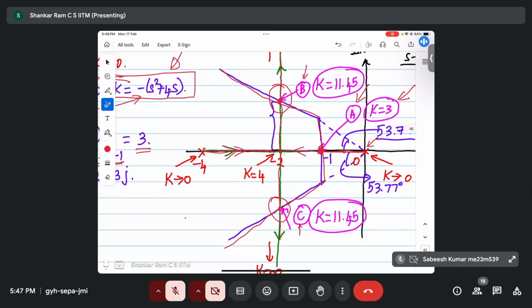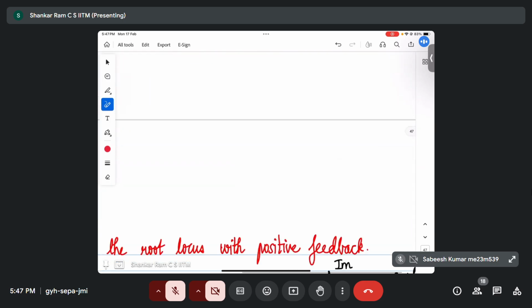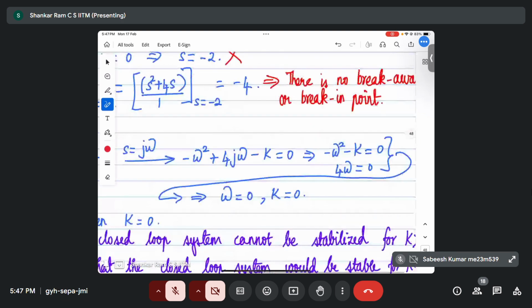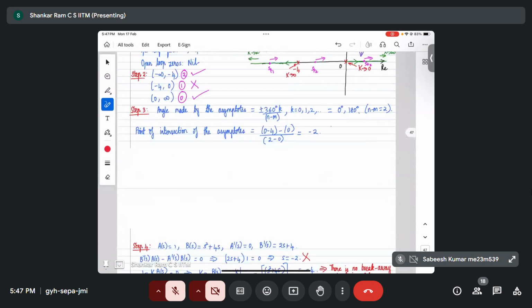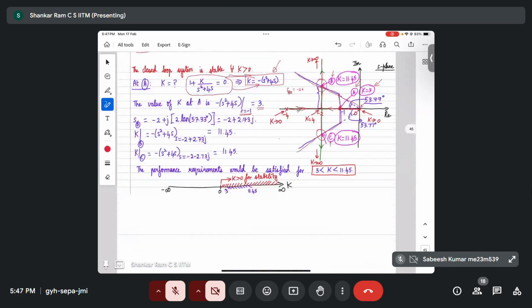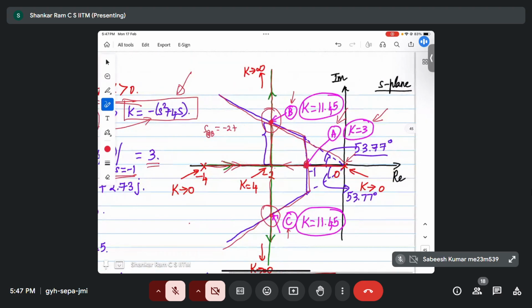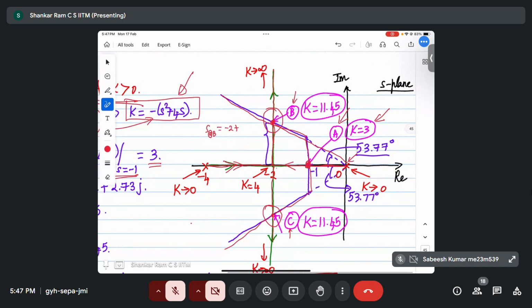So how do I find the value of S at B? The real part is going to be -2. What is the imaginary part? You look at this right triangle. This angle we found to be 53.7 degrees, and the adjacent side is 2.